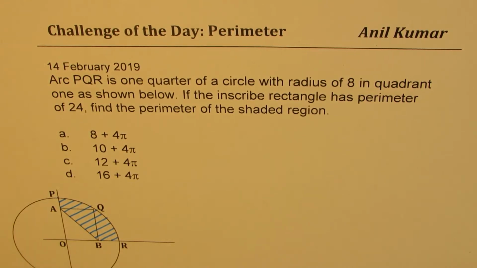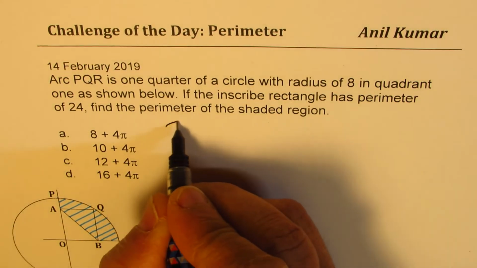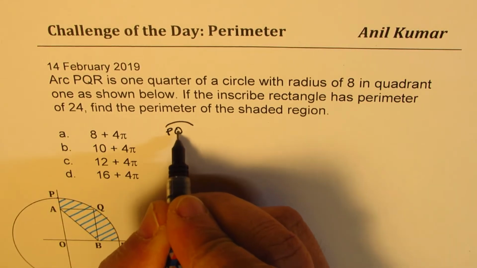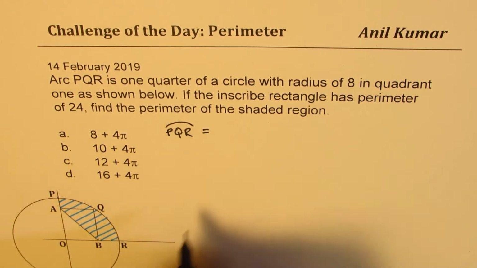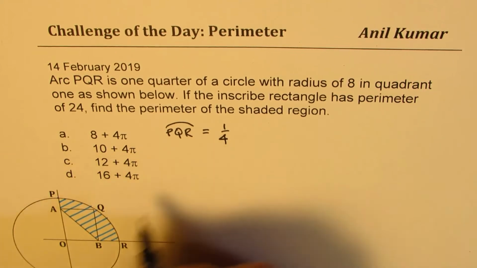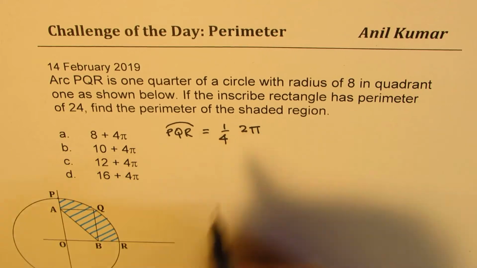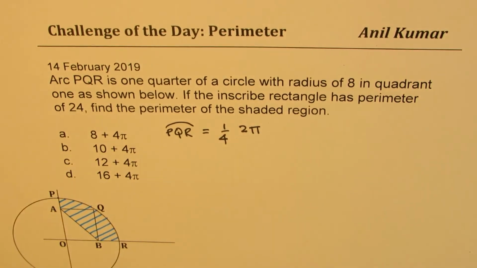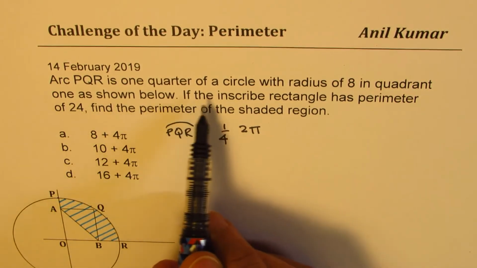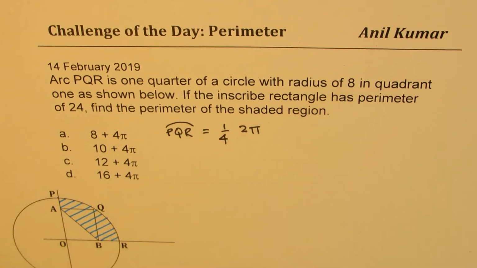Well, the arc perimeter is simple. So we say arc PQR is quarter of the circle, 2 pi r, and the radius of the circle is how much? 1/4 circle with radius of 8, right? So we are given the radius of 8.